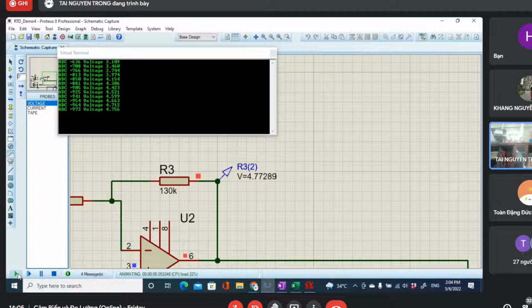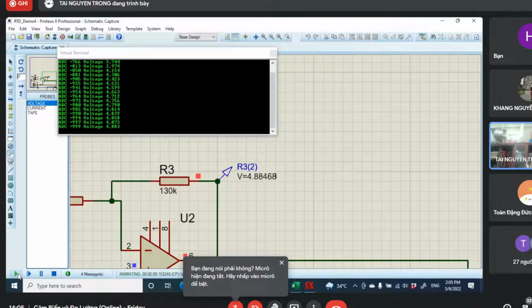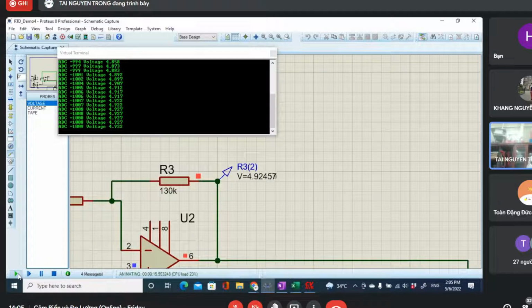Okay, and then this is the IDC value and voltage that we reach from the microcontroller. Okay, and as you can see, the value is almost same.